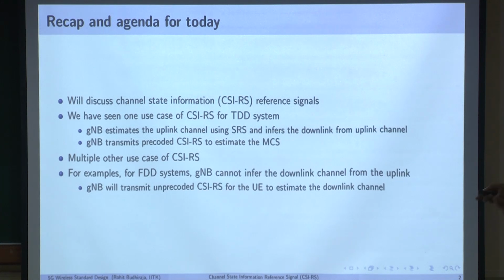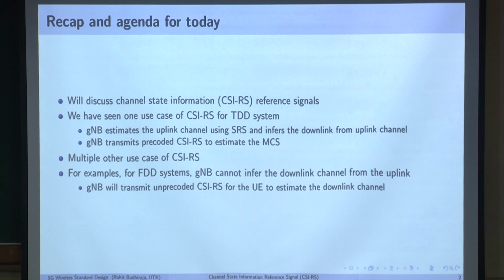I am telling you now because I have not spoken about unprecoded CSI-RS. So, even for TDD systems, CSI-RS is commonly transmitted in an unprecoded manner so that the UE estimates the channel, designs the precoder and feeds it back to the base station, which the base station uses, so that this TDD calibration can be avoided. And that is how it is done in our system also. So, TDD calibration is a non-trivial task.